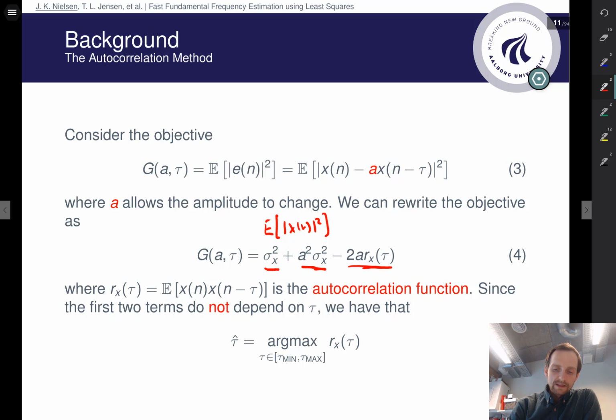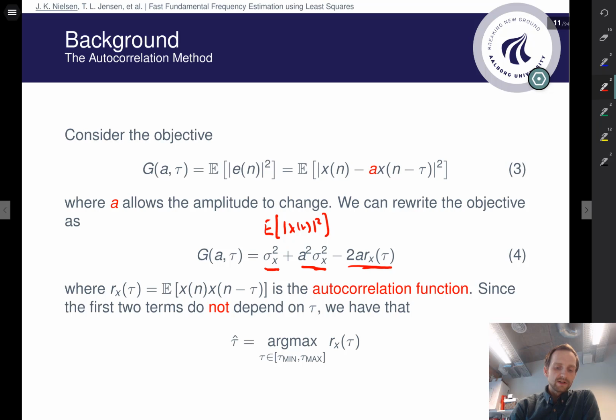And this R x of tau is what we call the autocorrelation function. If we want to minimize our objective g, we have to maximize the autocorrelation function. So if we solve equation 5 down here, so we find the tau that maximizes the autocorrelation function, we have also found the tau that minimizes our objective in equation 4.